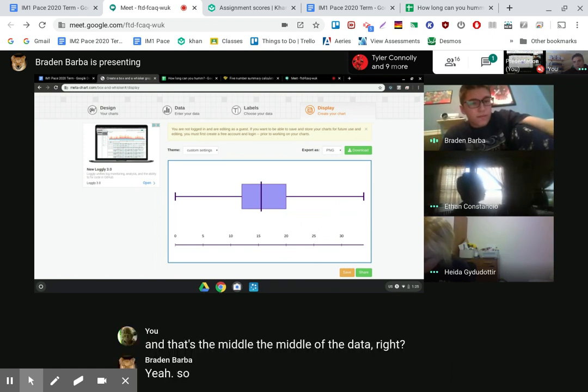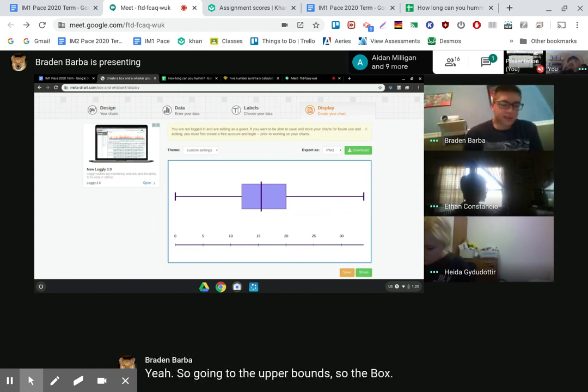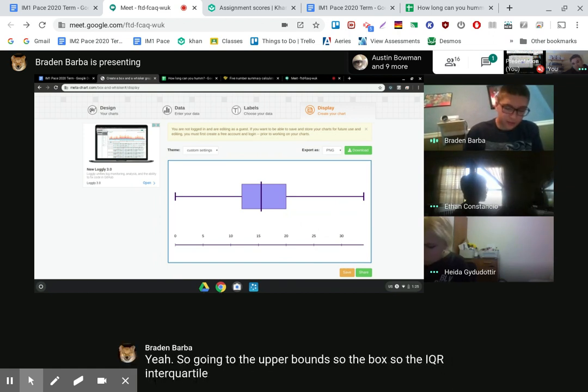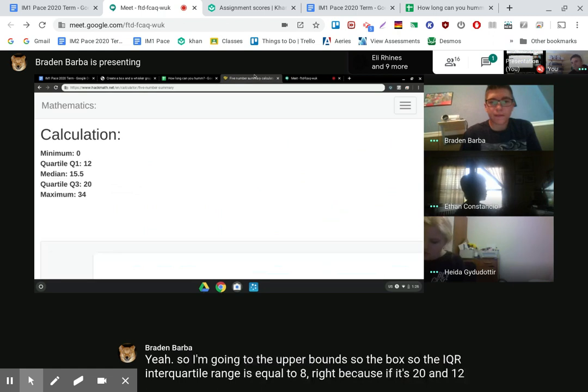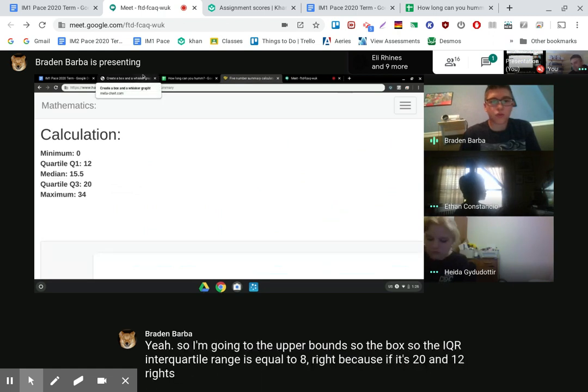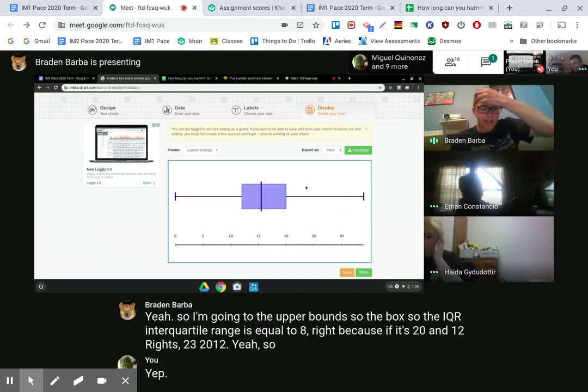So, going to the upper bounds. The box, so the IQR, interquartile range, is equal to 8, because it's 20 and 12. Yep, so it's 8.